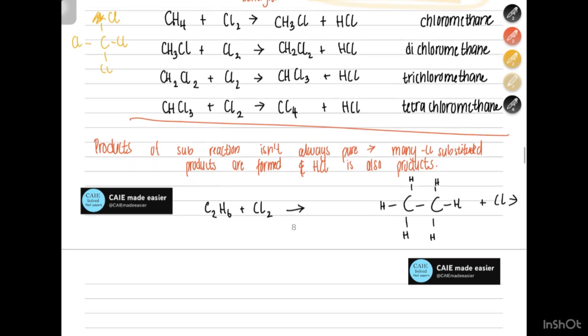We'll just replace one hydrogen with chlorine, and this chlorine goes there. So we get C2H5Cl, and then obviously we get hydrogen chloride. This is a substitution reaction, and of course it occurs in the presence of sunlight.